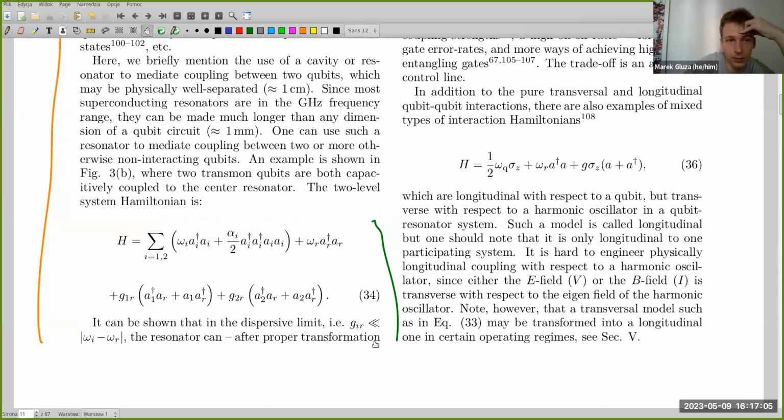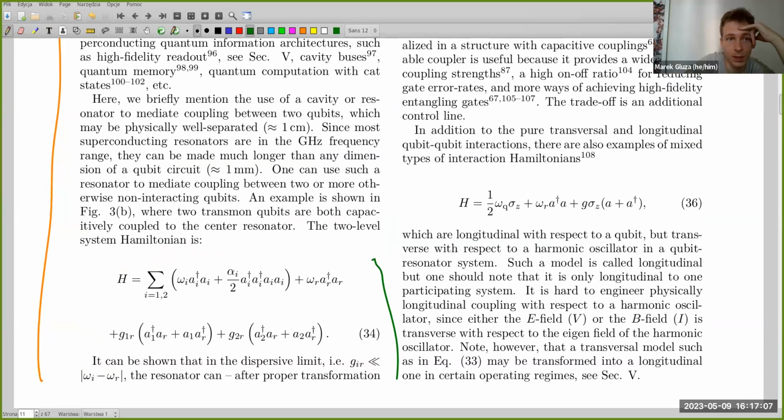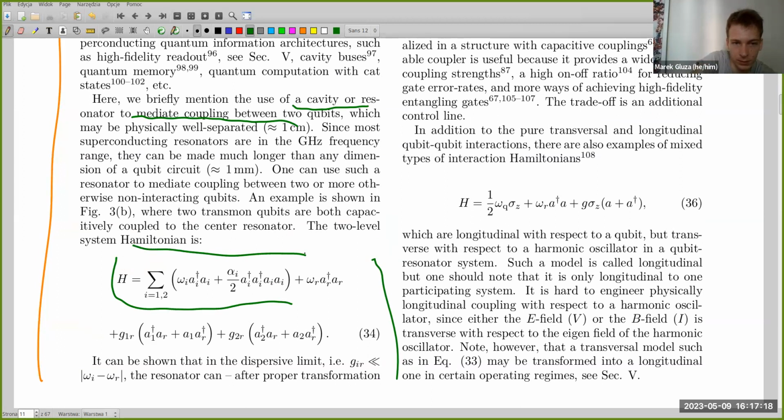Okay, so what's going on here? Cavity or resonator to mediate coupling between two qubits. So let's see how this is done. Now the Hamiltonian is a little bit more sophisticated. That's the anharmonicity of each of the transmons, i equal 1 to 2. Then there's the cavity, which is sitting in between.